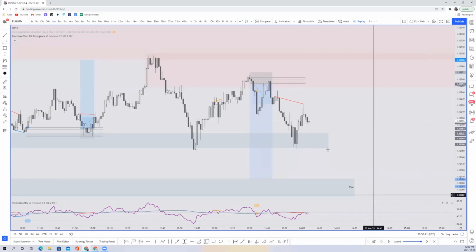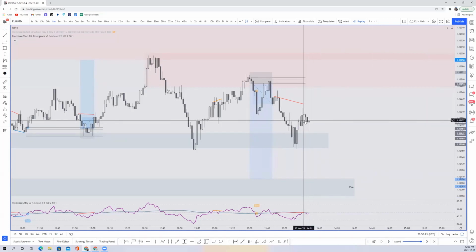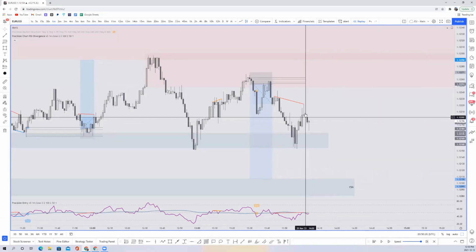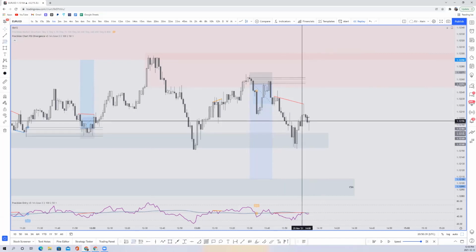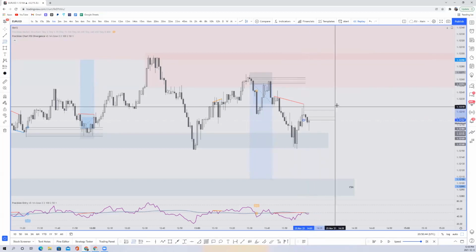So to me, this doji stands out, but so does this wick. I would likely take the doji, but I don't know. I would likely just take this doji and cover that wick.